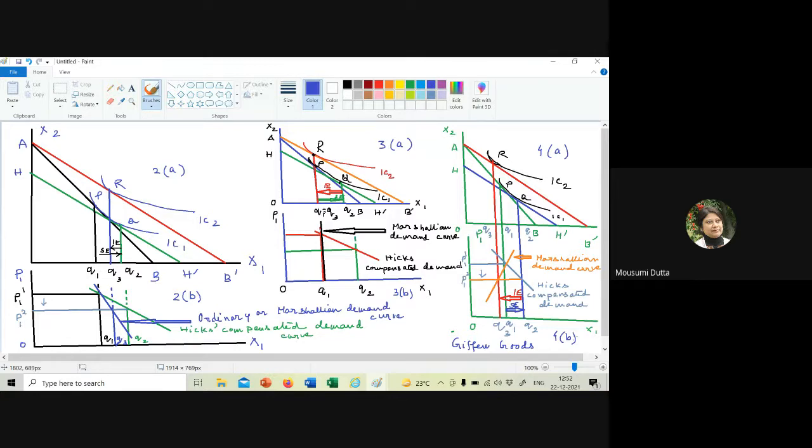That is, there is a movement from Q2 to a point to the left of Q2.